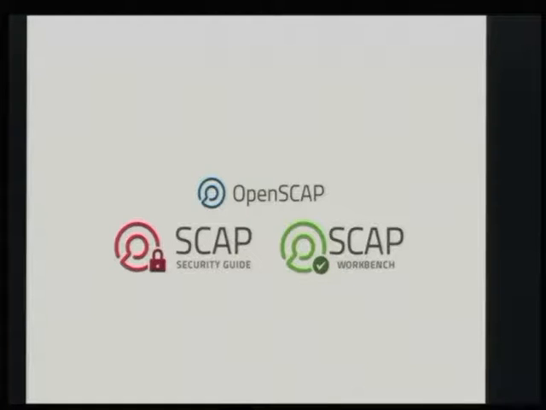There are policies for RHEL 6, 7, and derivatives, and something for Fedora, and also for applications, JBoss, Fuse, and more. And then there is SCAP Workbench. It's a graphical user interface on top of OpenSCAP, and it helps you to tailor the policy you get from upstream to your specific needs.